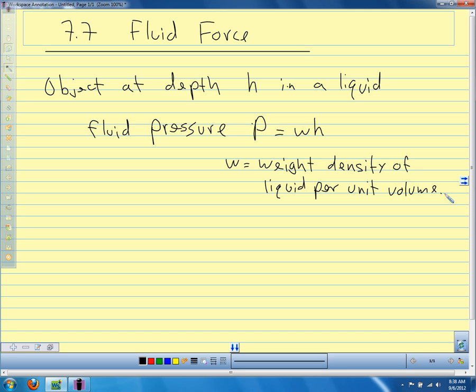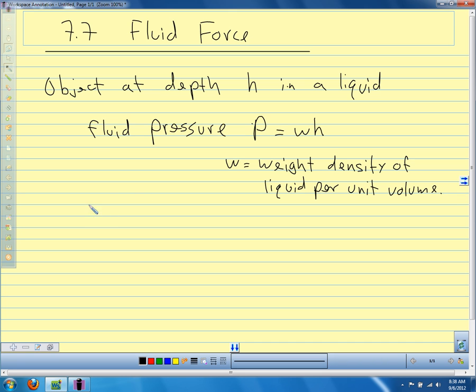So when we have something that's underwater, the pressure that the fluid exerts on this object is just the density of the liquid times the depth that the object is in the liquid.